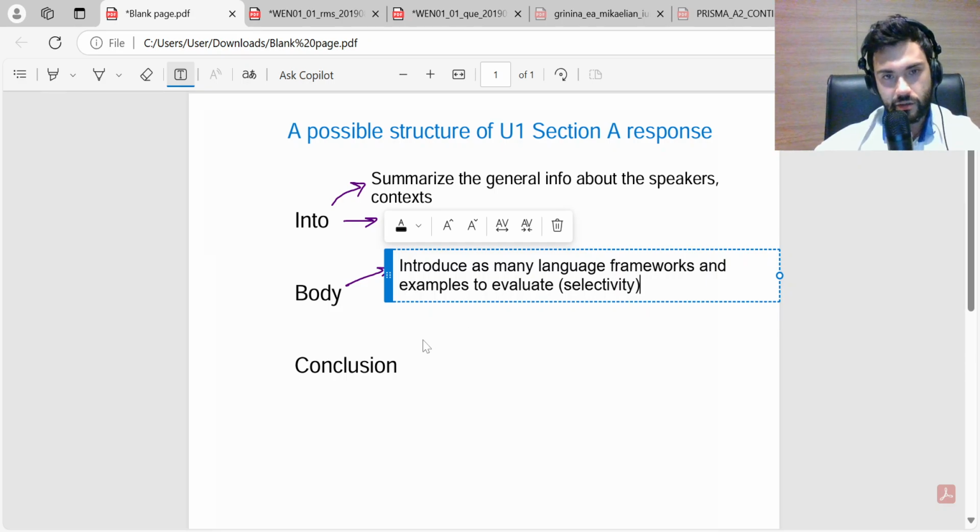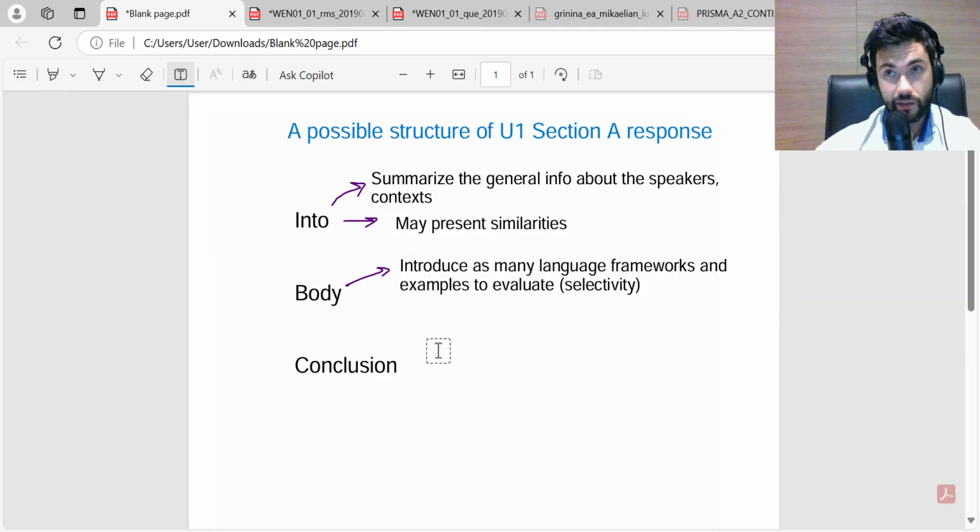Selectivity means that you understand that if you see only one example to your point, it's not really strong, and you understand that if you see only one point to graphology, maybe it is not worth it to give 10 or 15 sentences to it, but briefly mention it.